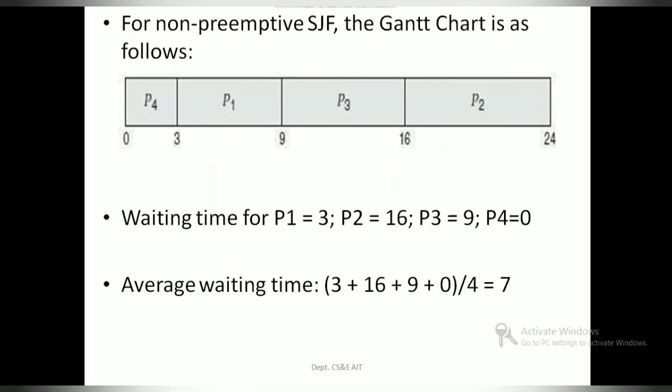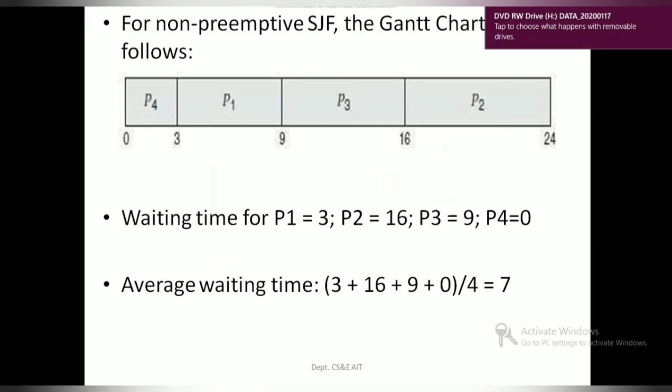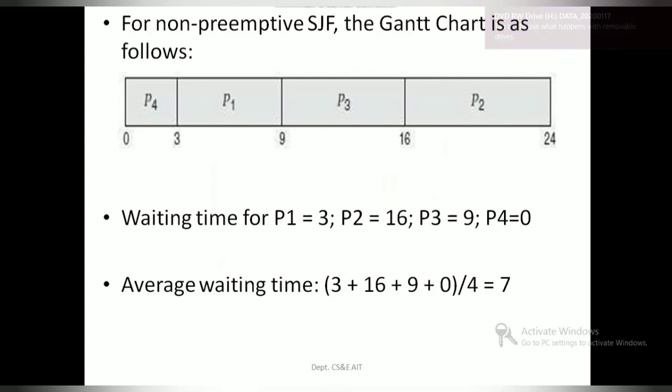Now the waiting time is calculated similarly to first come first serve. So P1 has waited for 3 milliseconds, P2 has waited for 16 milliseconds, P3 has waited for 9 milliseconds, and P4, being the first process to be given the CPU, has not waited at all, so it is 0, and you will calculate your average waiting time.